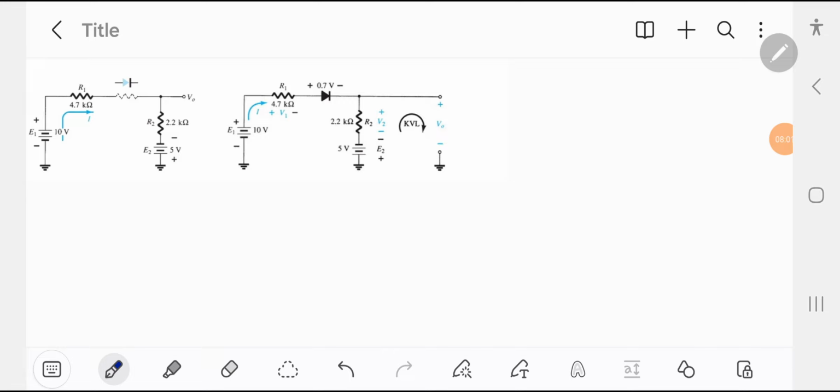So the sum of all the voltage here in this case is V0 plus E2, which is equal to V2.